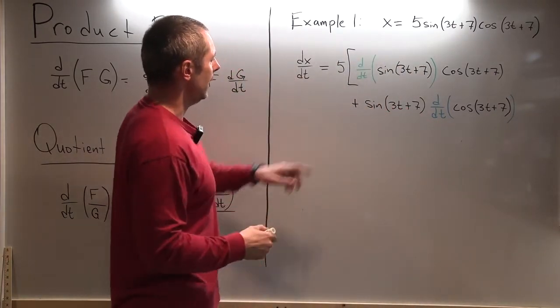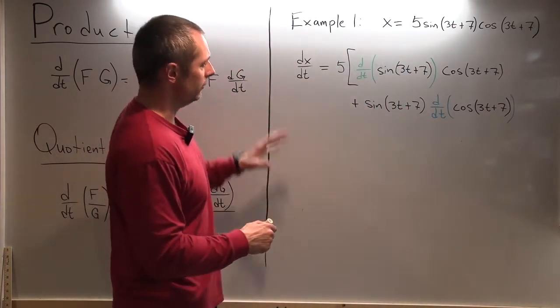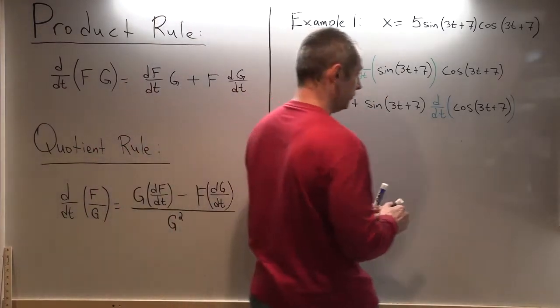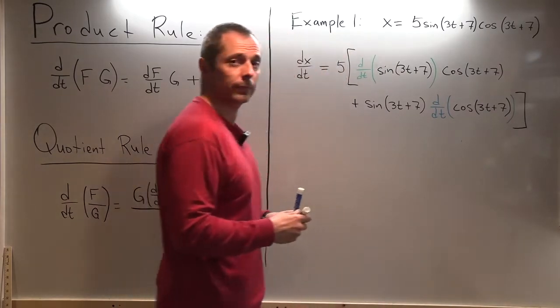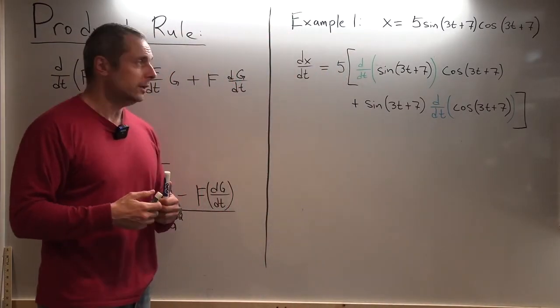And lastly, I'm going to close out the brackets for this 5. It's multiplied by everything. So there, that's the setup of the product rule.